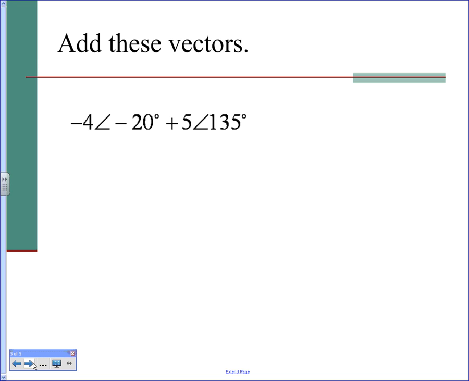So it's lines. That's what I'm trying to figure out. All right, someone come draw this: negative 4 at negative 20. Okay, go ahead. Yeah, you can draw both of them if you want. I'm going to do one in one color and the other in another. So check your graph whenever she finishes to see if yours matches.